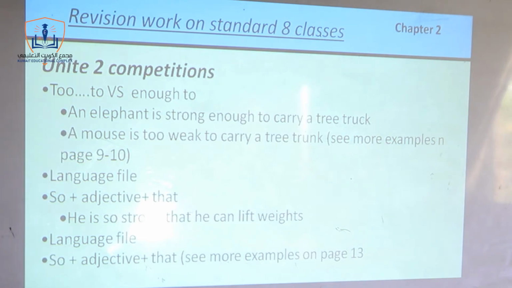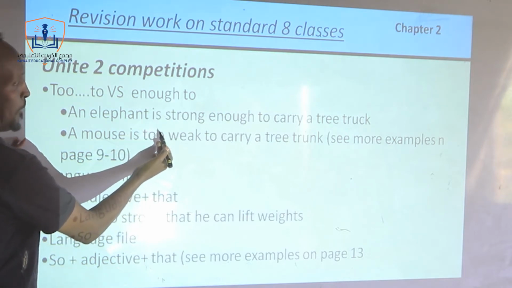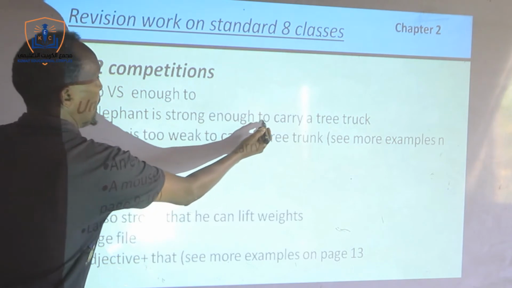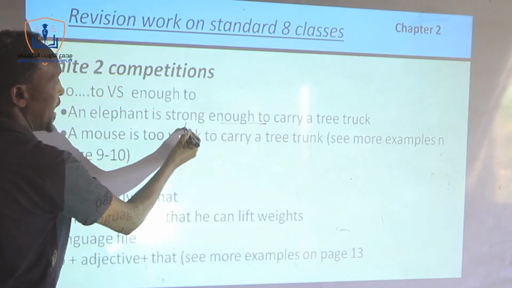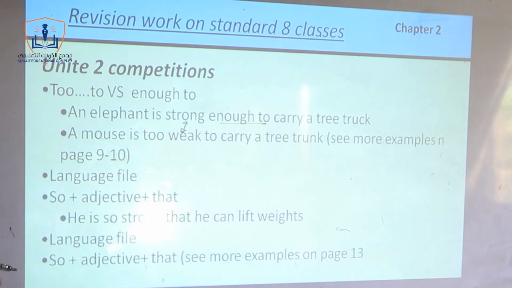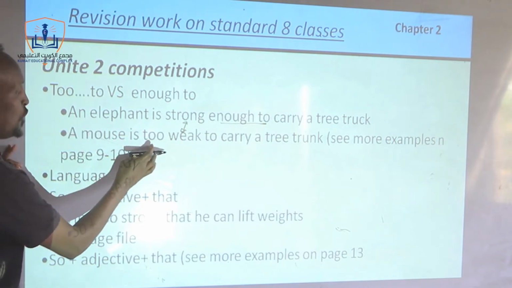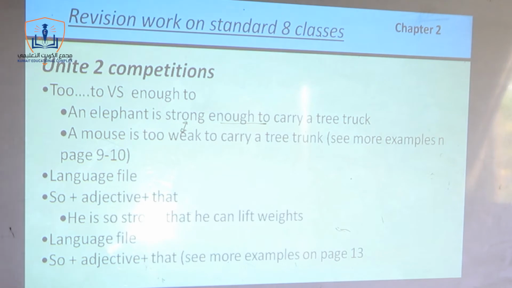A mouse is too weak to carry a tree trunk, meaning the mouse can't take it. Here you see the adjective used with enough to: strong, and strong is the opposite of weak. So we say a mouse is too weak to carry a tree trunk.